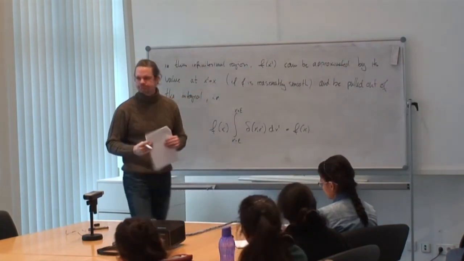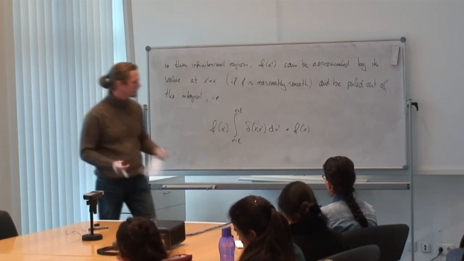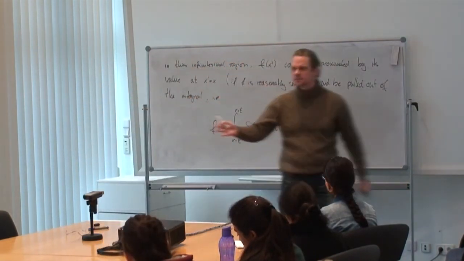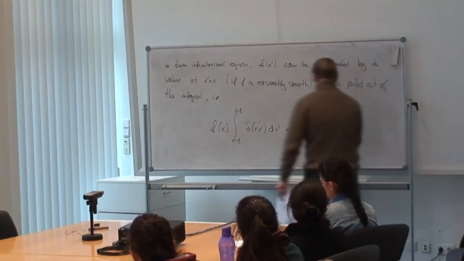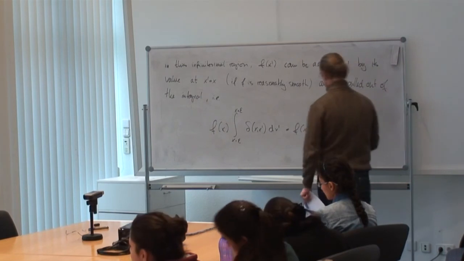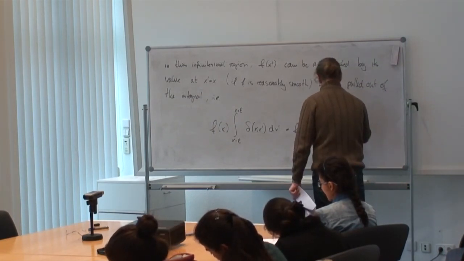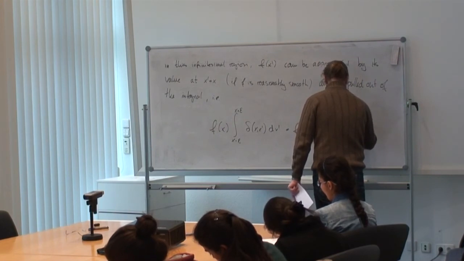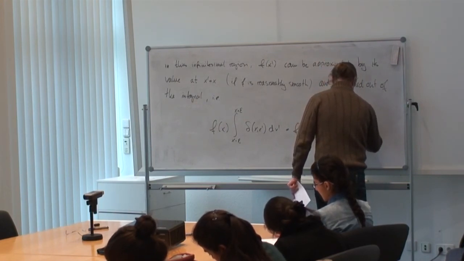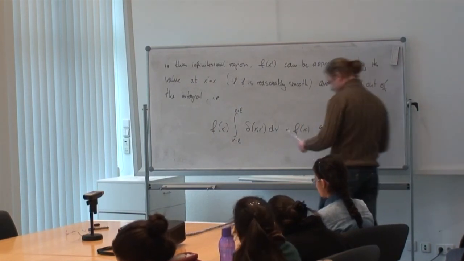What does that say? Exactly. There you have it. This is our finding. This is to say that this integral from x minus epsilon to x plus epsilon of delta of x, x prime, dx prime is 1.